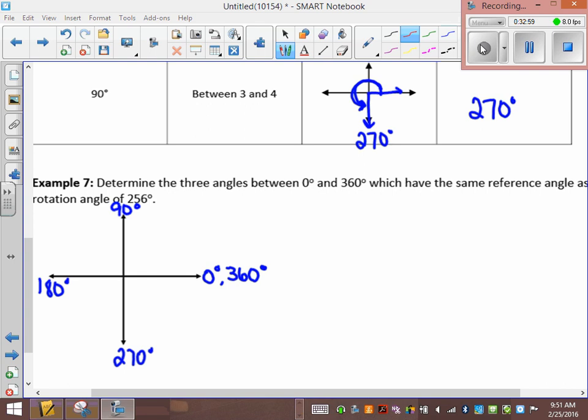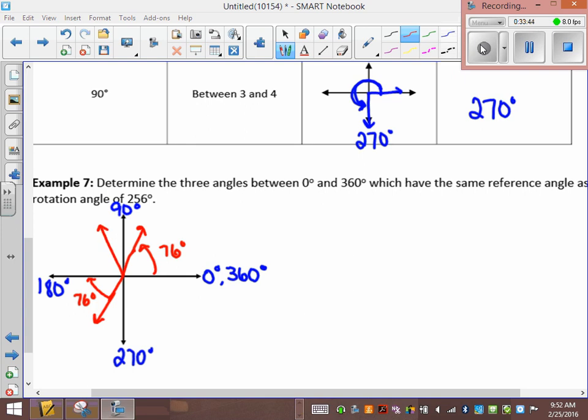256 is here. What reference angle does 256 have? 76. So then all we do is we go to each quadrant and figure out with that reference angle being 76 what the standard position angle would be. If I drew 76 here, what would my standard position angle be? 76, because first quadrant's easy. Then if I drew 76 here, whoa, that is so not even close to 76. Okay, then 76 here.